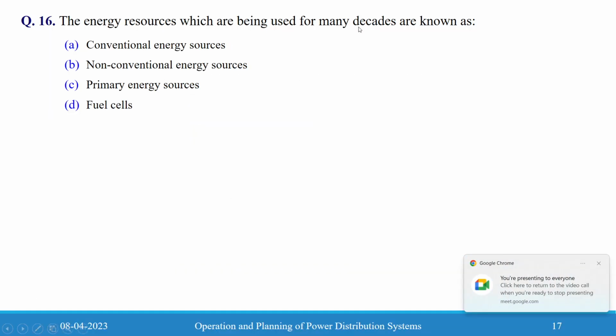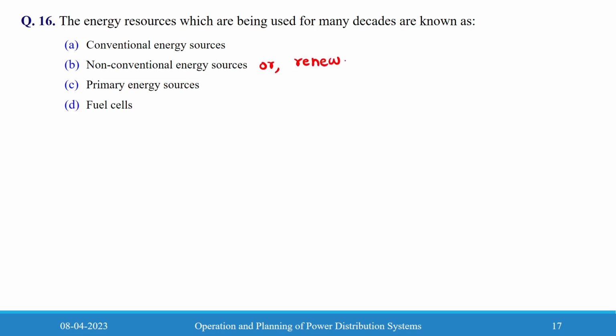Thermal power plants are conventional energy sources which have been used for many decades, whereas non-conventional energy sources are renewable energy sources like PV and wind. So option A is the correct one.